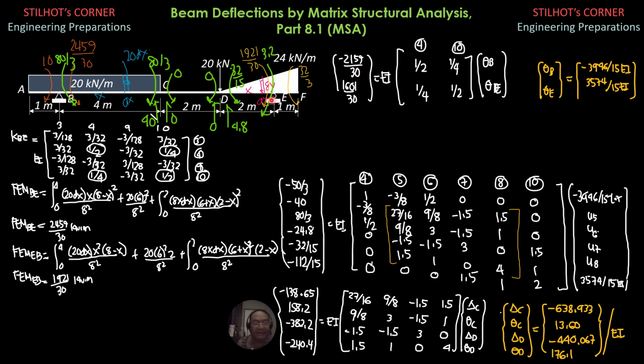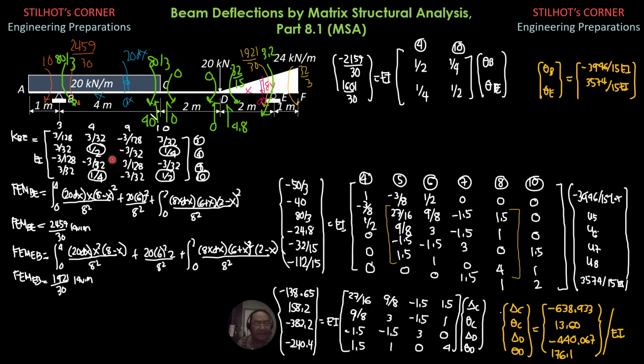Then at E, it's 1921 over 30 minus 32 over 3, you'll get positive 1601 over 30. And we are interested in 4 and 10. So this is 4, 10.